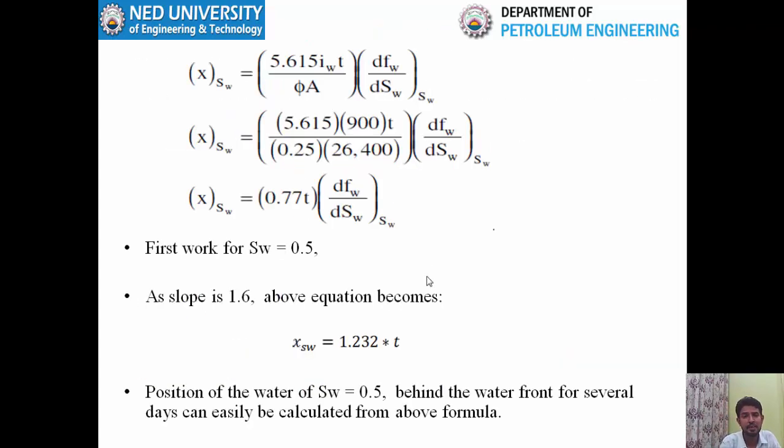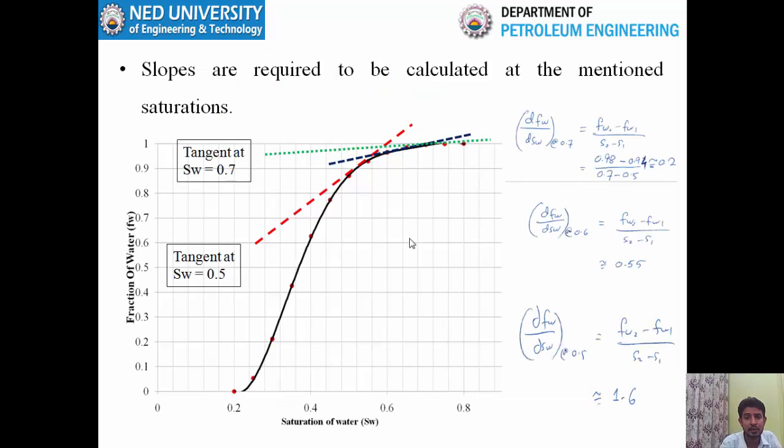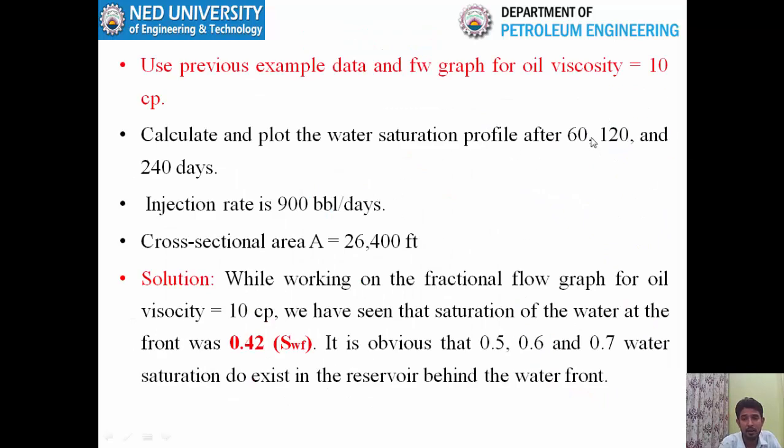Obviously, we haven't done an exercise where we calculate the position of the waterfront. If you want to calculate the position of the waterfront, for example after 60, 120 and 240 days, you need to calculate the slope at SWF, which we haven't done.